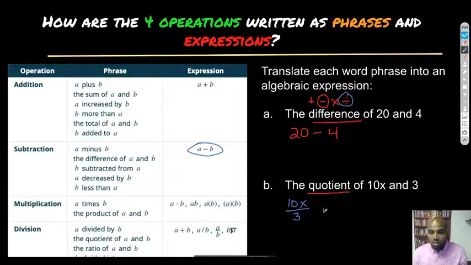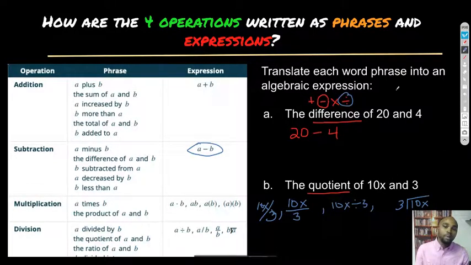We can also write that 10x divided by 3 like this. This one is the same thing as 10x with the slash going that way, divided by 3. So there you go. That's how you go from a phrase to an actual expression.